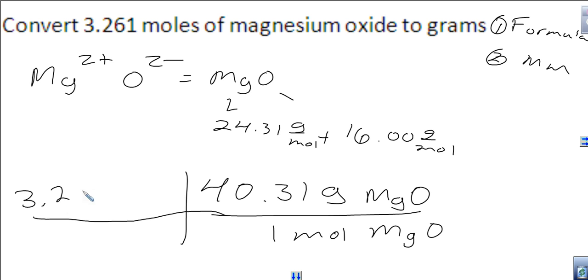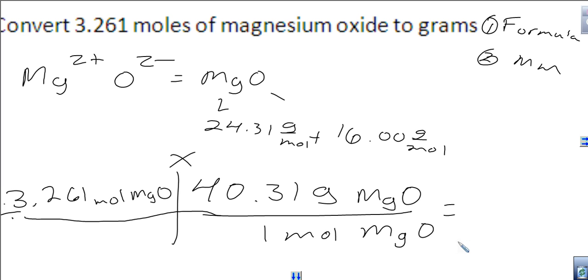So 3.261 mole magnesium oxide. So we multiply by everything on top, divide by everything on bottom. Hey kids, what's 3 divided by 1? What's 3 billion divided by 1? 3 billion. All right, so we don't really actually have to divide by 1. We just multiply 3.261 times 40.31, and we're going to get our lovely answer, which is going to be what?